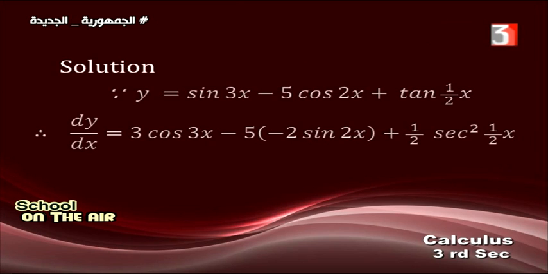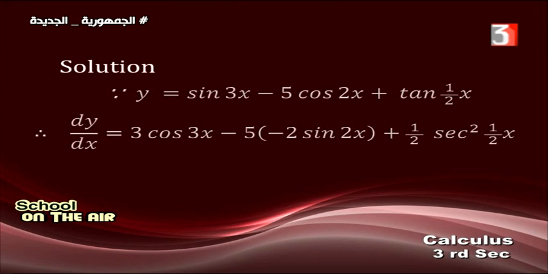The derivative of sine 3x is 3 cosine 3x. Cosine 3x is the derivative of the function sine 3x, and 3 is the derivative of the angle 3x. Minus the coefficient 5 multiply the derivative of cosine 2x.